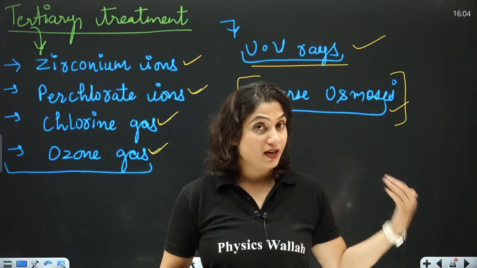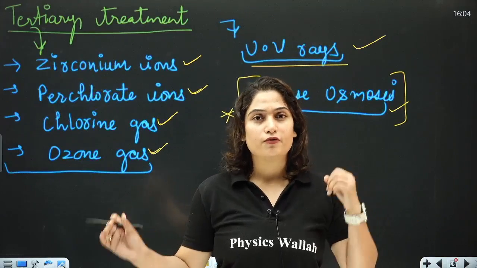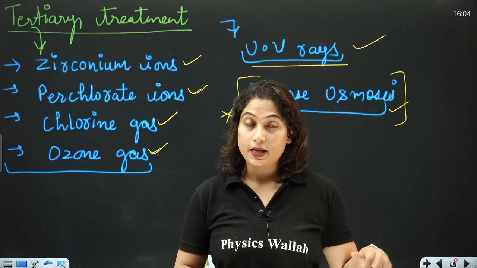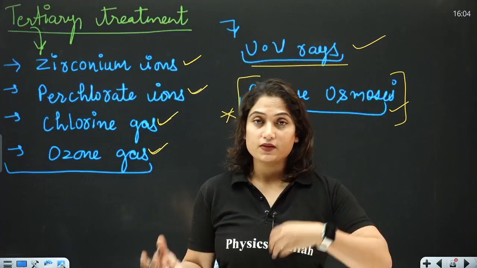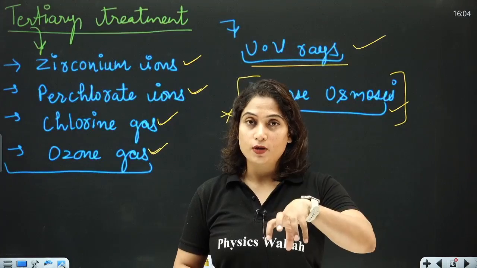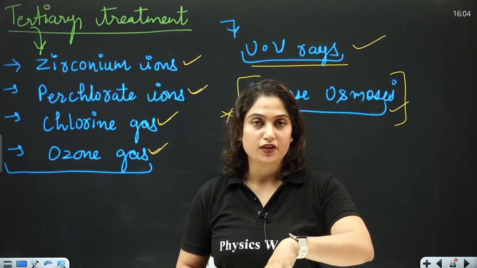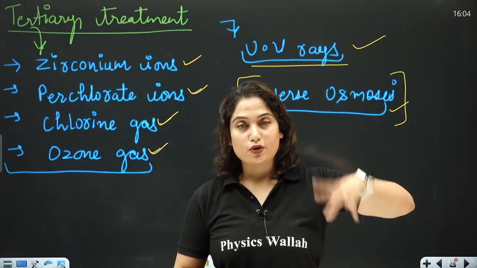What we have read up till now: the primary treatment is only the removal of physical impurities, first by sequential filtration and then by sedimentation. Then comes the secondary treatment, in which we use aeration tanks where aerobic bacteria and flocks of fungal filaments remove organic impurities from the water and reduce the BOD.